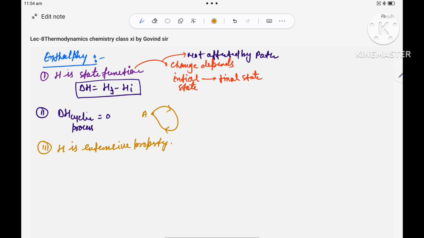Once again come to the formula, children. What formula did we discuss? At constant pressure, H is equal to U plus PV, delta H is equal to delta U plus delta PV.